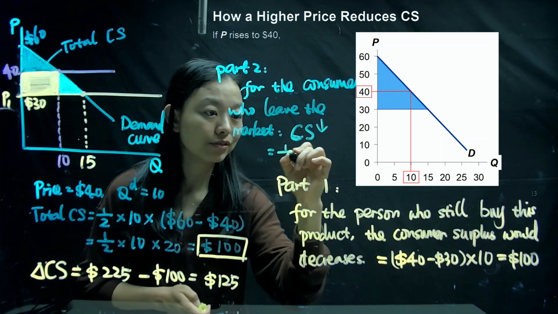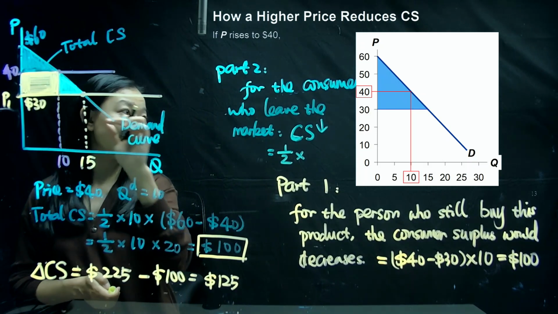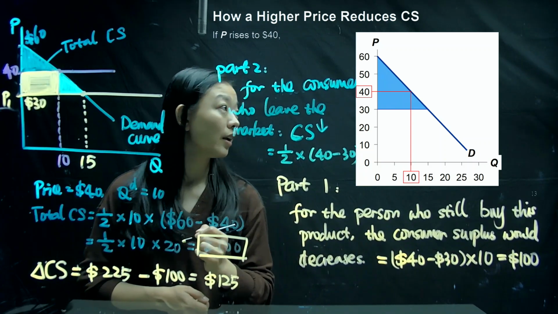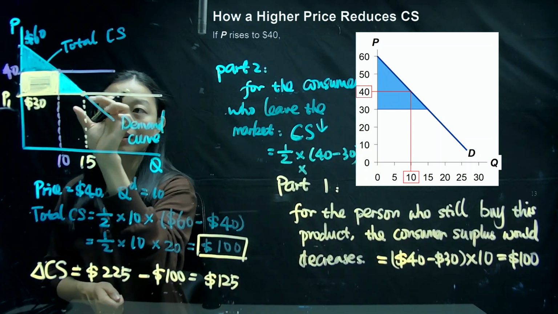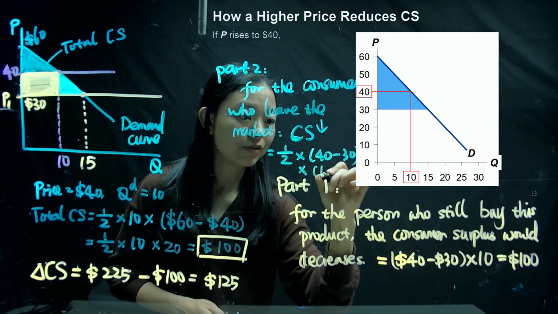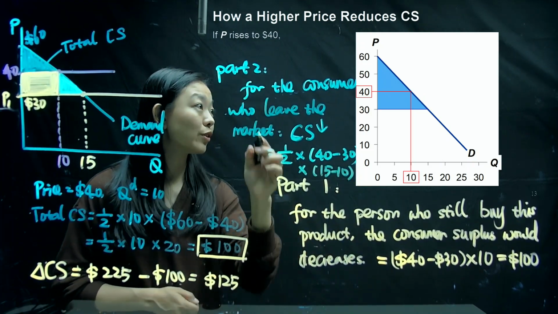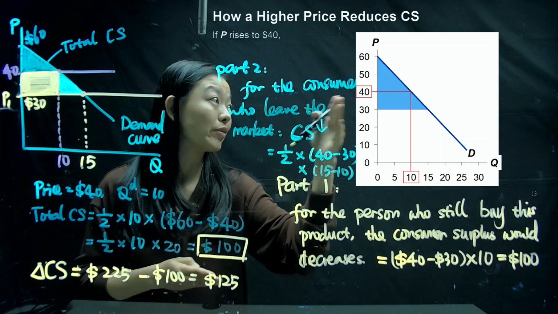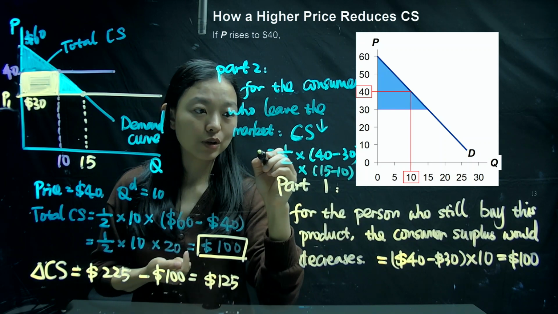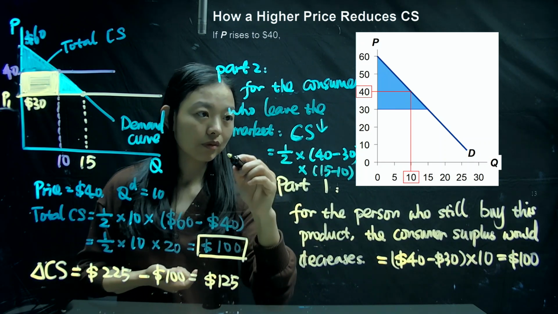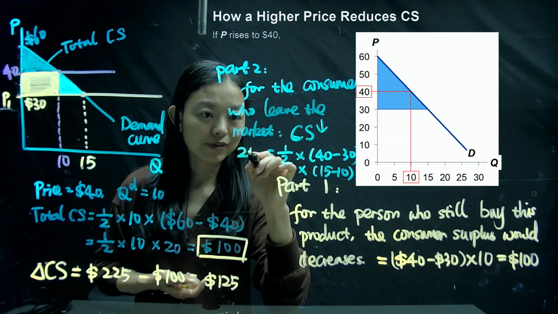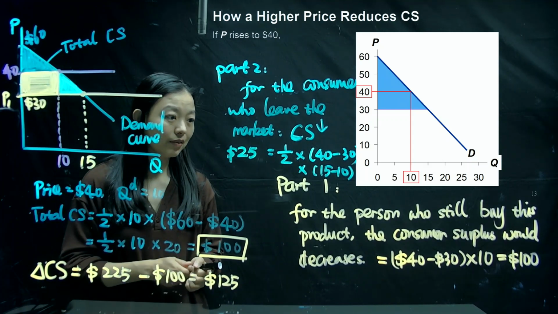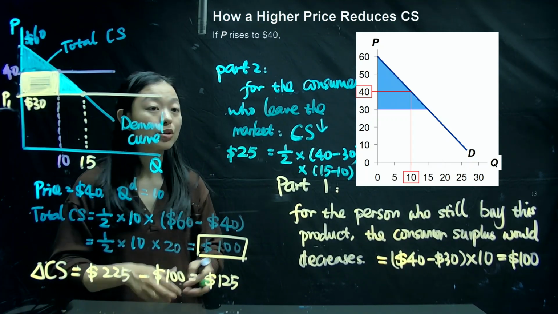It will equal half times the height, which is 40 subtract 30, and then times the base, which is 15 subtract 10. For this part, the consumer surplus will also decrease because these consumers just leave the market. It will equal $25.